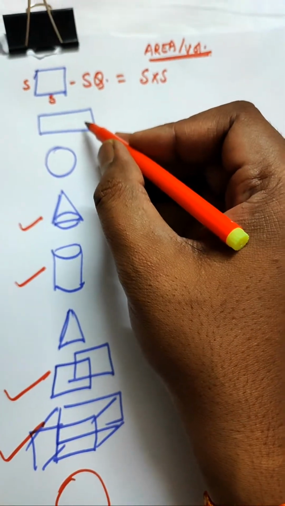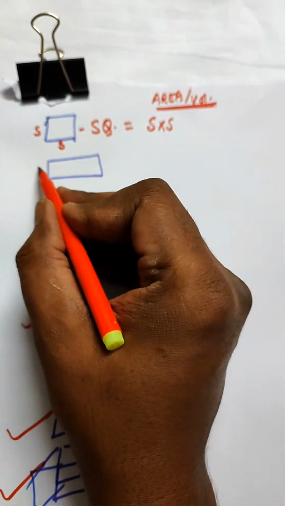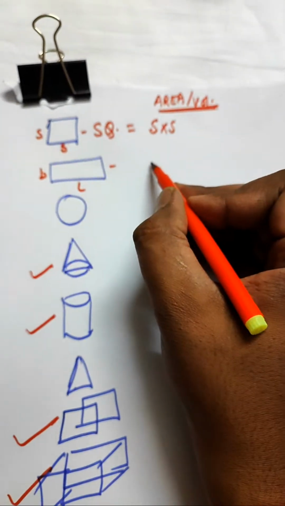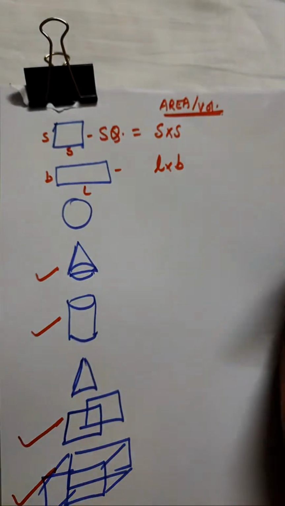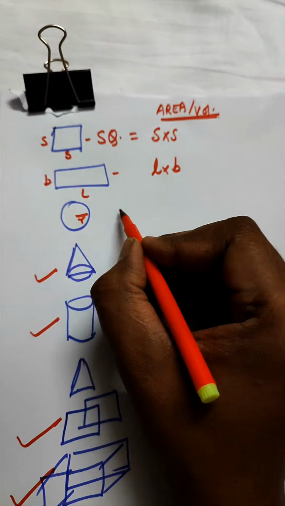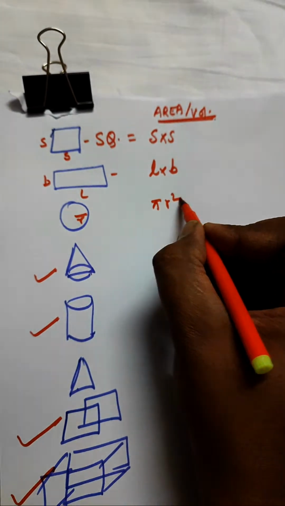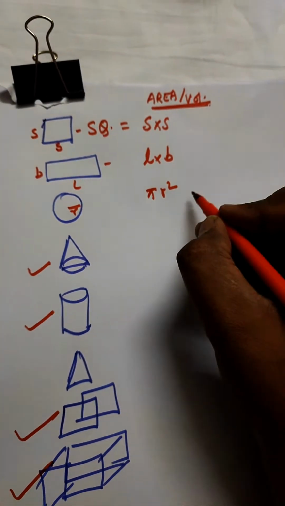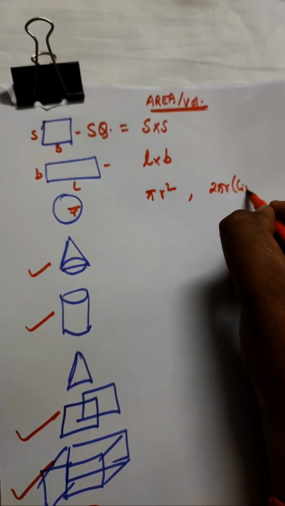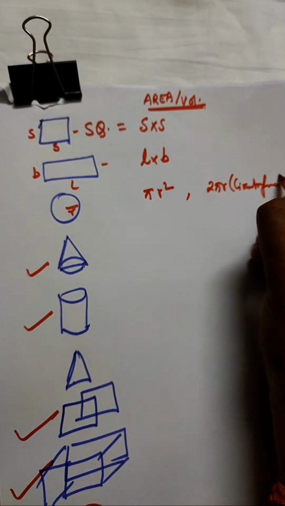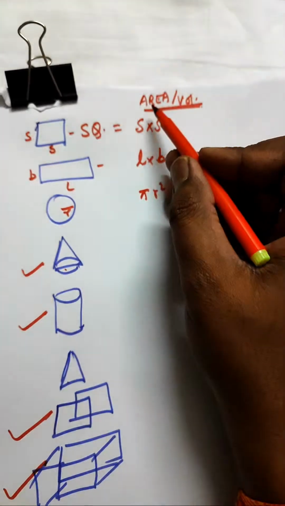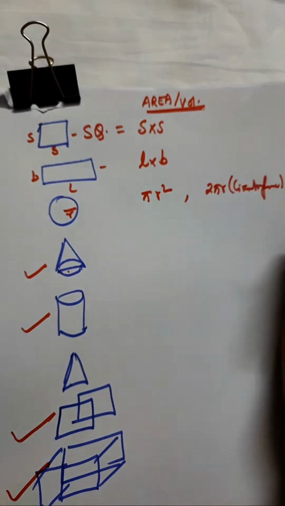For a rectangle, whose breadth and length are given, the area is L into B. For a circle whose radius is R, the area is pi r square. We should also know that 2 pi r is the circumference of the circle.